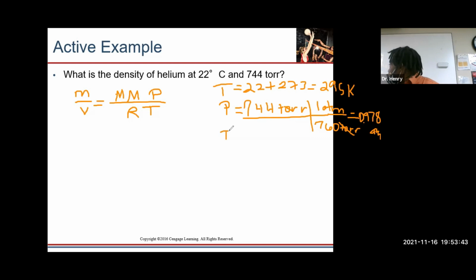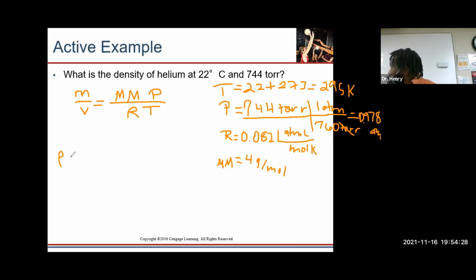We know R is 0.0821 ATM liters per mole Kelvin, and our molar mass is in grams per mole. Okay, we plug it all in.